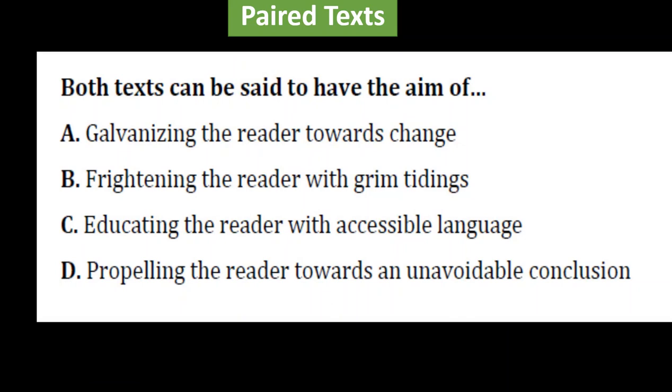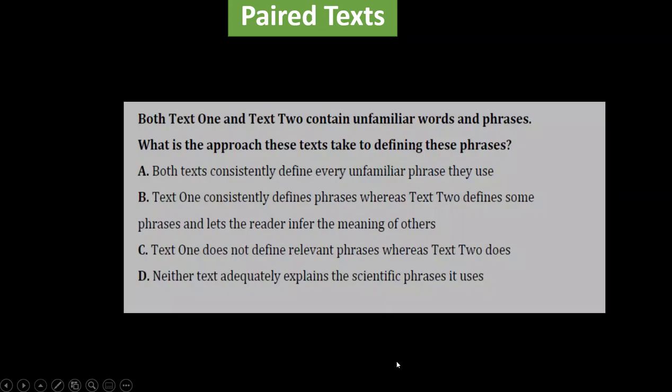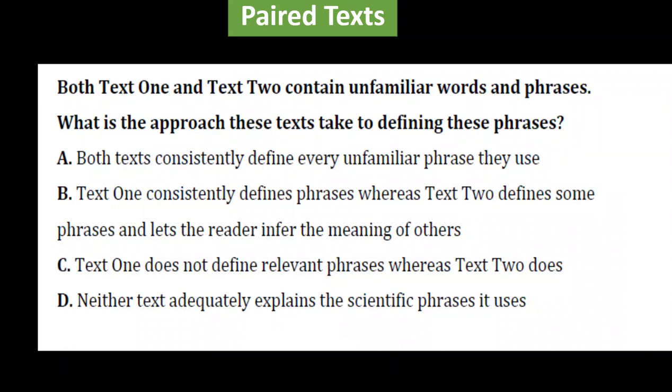Another example says, both texts can be said to have the aim of. In this case, they should have one particular aim that is clear in both passages. Or, both text 1 and text 2 contain unfamiliar words and phrases. What is the approach these texts take to defining these phrases?